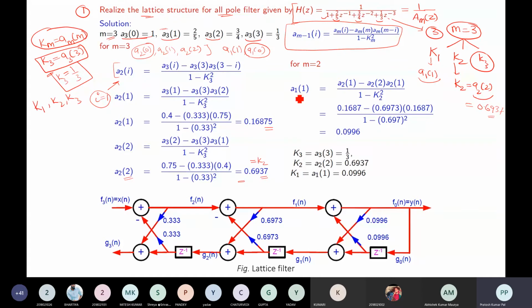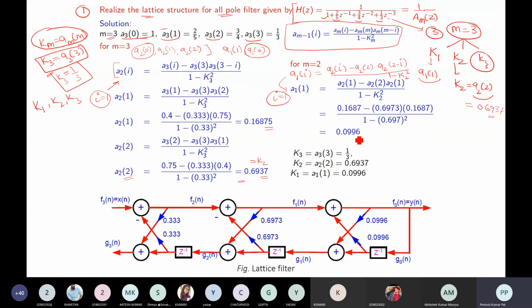So a1(i) will be equal to a2(i) minus a2(2) times a2(2 minus i), divided by 1 minus K2 squared. By putting i equals 1 into this, we can get a1(1) equal to this value.